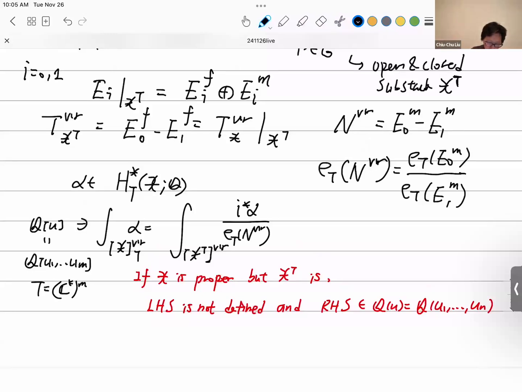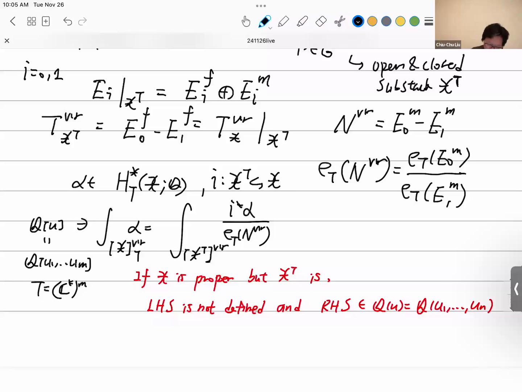And this can be computed by this formula. So we restrict this, where i is the inclusion of the torus fixed stack into X.